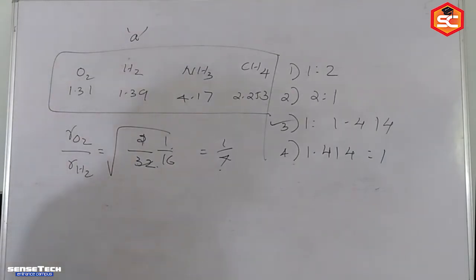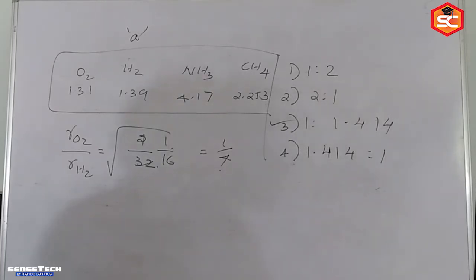So the options given are 1 by 4, 1 by 8, 3 by 8 and 1 by 2. The rate of diffusion of oxygen to the rate of diffusion of hydrogen, according to the relation, is 1 by 4.